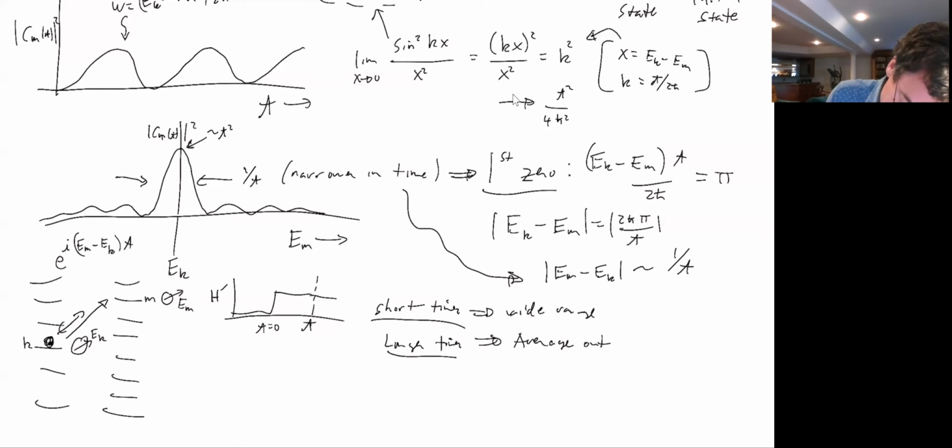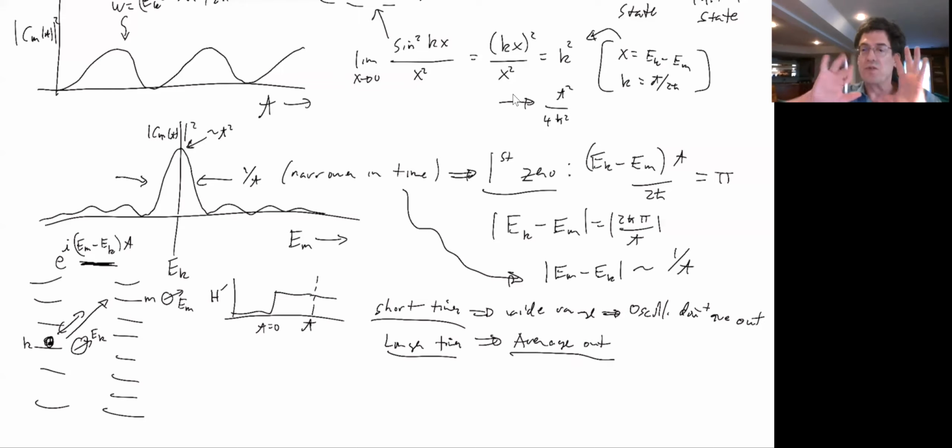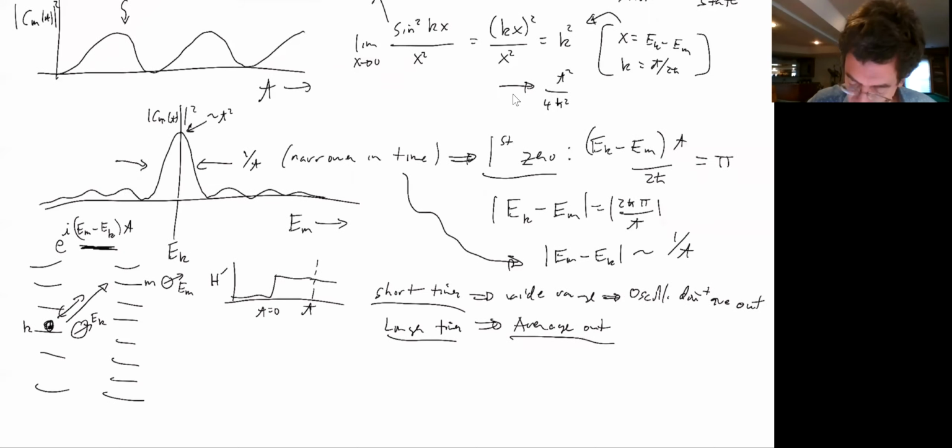And so you can see that this thing is spinning. And so for a short time, the oscillations don't average to 0. But for longer times, the oscillations average out. And so that's why for short times, some of the green goo sprays out, and you have a transition probability. But as you go to longer times, it starts oscillating back and forth, and the average starts tending towards 0. And so it's a funny little behavior there.